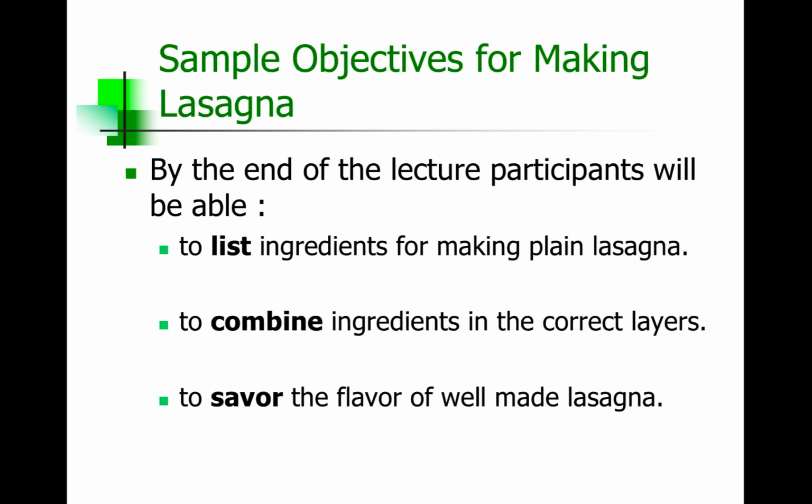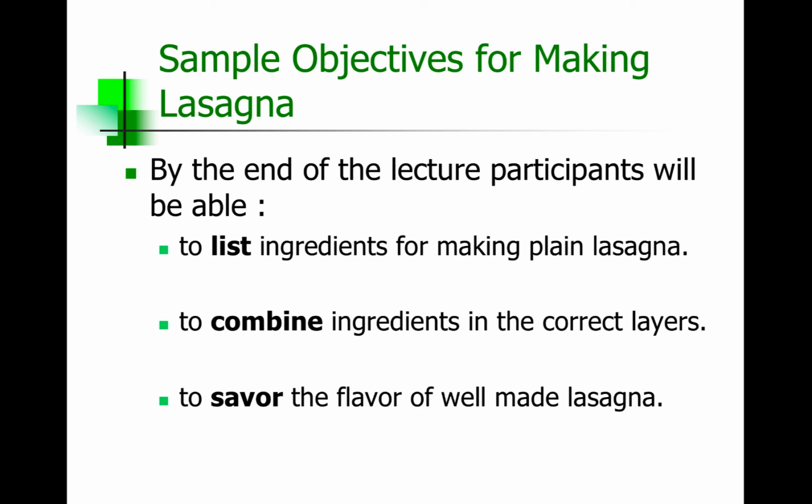So just some examples. We always talk about exercises, but if you think about things like cooking, those are really good examples for writing learning objectives. If we're talking about making lasagna, by the end of the lecture, the participants will be able to list the ingredients for making plain lasagna.